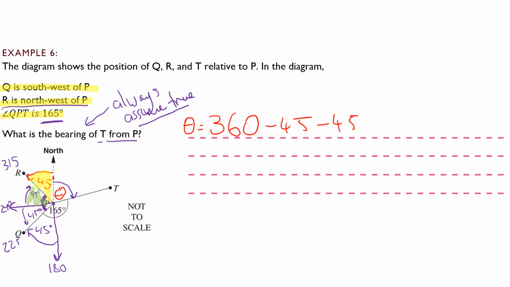Now obviously we could do 90s, but 45 will do. We're going to take off, what other color? Orange. This 45 degrees here. So we've taken off 3 45s, and then in one big go we'll take off all of this 165.